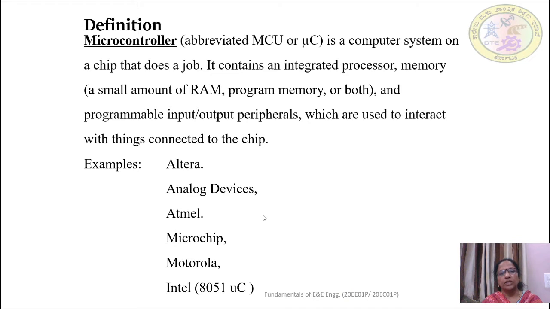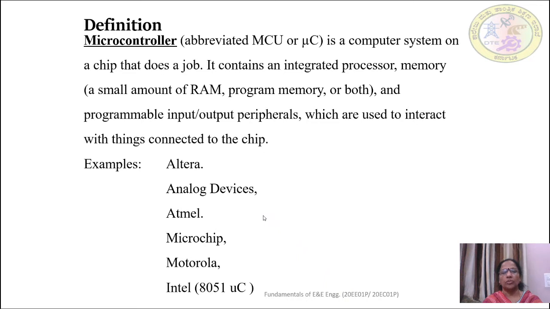Students, let's study the definition of the microcontroller. The microcontroller is also abbreviated as MCU or uC. A microcontroller is a computer system on a chip that does a job. Actually, a microcontroller is similar to a computer system, and it contains an integrated processor and memory.